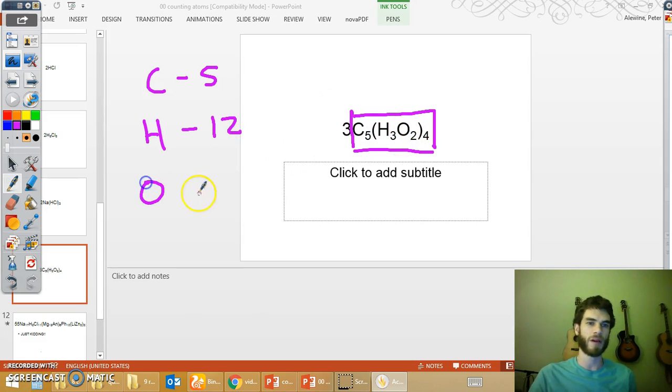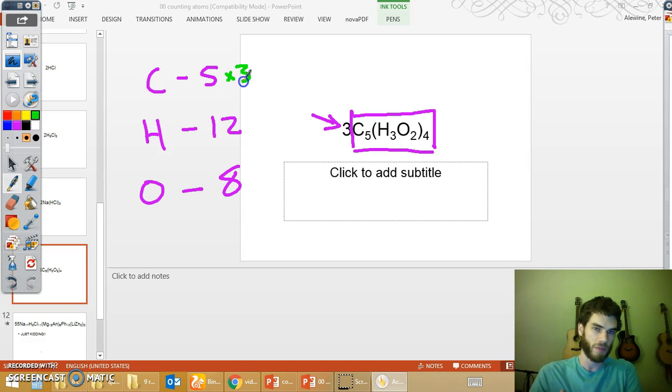What about the next one? Oxygens. We've got 2 oxygens, but it's multiplied by 4. 4 times 2 is 8 oxygens. Okay, so that's the base chemical, but we see there are 3 of those things, so everything gets multiplied by 3.